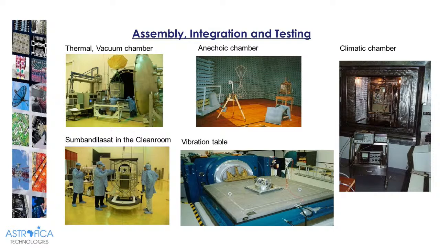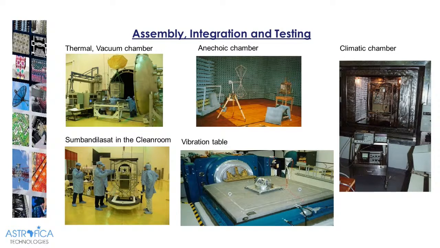Then we have the anechoic chamber where we do our EMC, your electromagnetic compatibility, because you want to ensure that your components will not interfere with each other, even within your satellite, and they will not even interfere with other satellites during launch. So your launch agency wants that report before they allow you to launch with them in their launch vehicle.